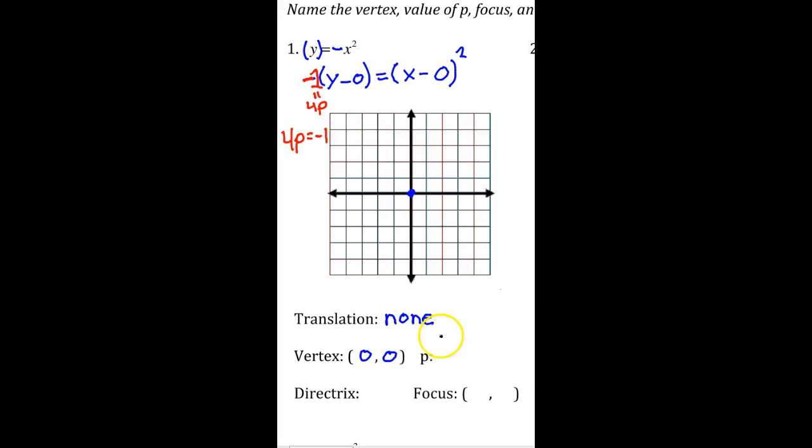So we have to solve 4p, which doesn't change. Sorry, that's going to be 4p, not negative 4p, equals negative 1. Now, the negative is not so important. This just lets us know that the parabola is going to open down.